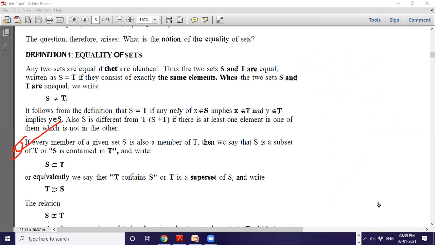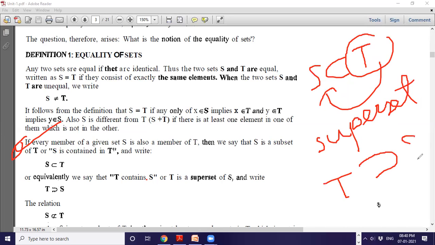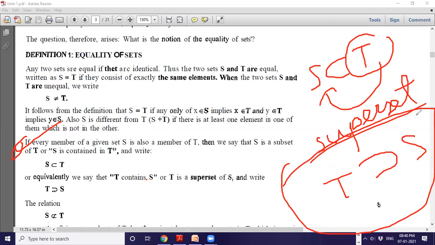Equivalently, we say that T contains S or T is a superset of S. Now what did we call S? If S is a subset of T, then what will we call T? We will call T the superset of S. Got it? How will we write this? T is a superset of S, meaning T contains S. This means all the elements of S belong to T. So we say T is a superset of S. Right?